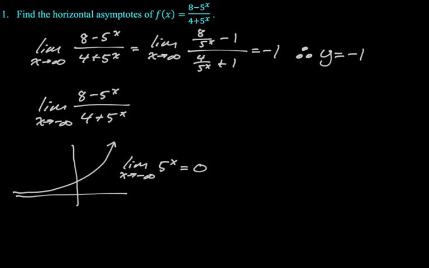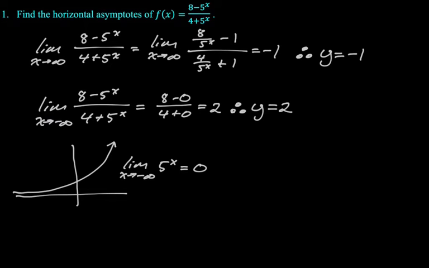With that information, we have 8, which is unaffected by x, a 5 to the x, a 4, which is unaffected, and then another 5 to the x. So we really just get 8 minus 0 over 4 plus 0. That's 8 over 4, which is 2, which means that y equals 2 is also a horizontal asymptote. So this is an example of a function with two different horizontal asymptotes. Well worth remembering. That's a really good classic AP multiple choice type problem.